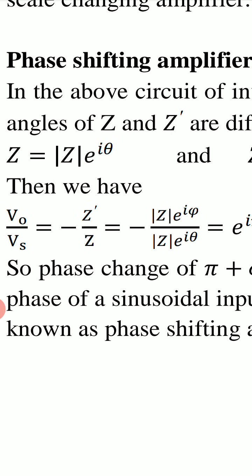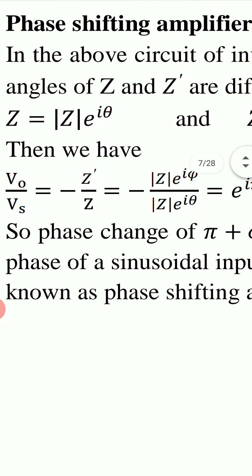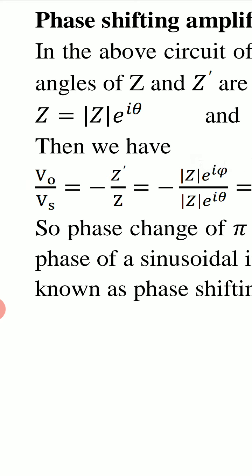Next application is phase shifting amplifier. Circuit is again the same, but now impedances Z and Z dash are chosen so that their amplitudes are same. Mod Z is same for Z and Z dash, but their phase angles are different. We take Z as mod Z e to the power i theta. Mod Z is its amplitude and theta represents the phase.